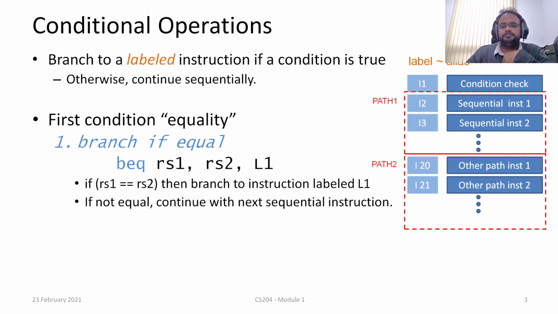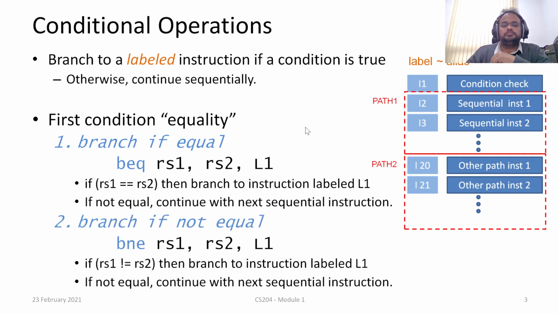If they are not equal, then it will continue the execution of the next sequential instruction, which is I2. The other equality or inequality check, you can say, is branch if not equal.